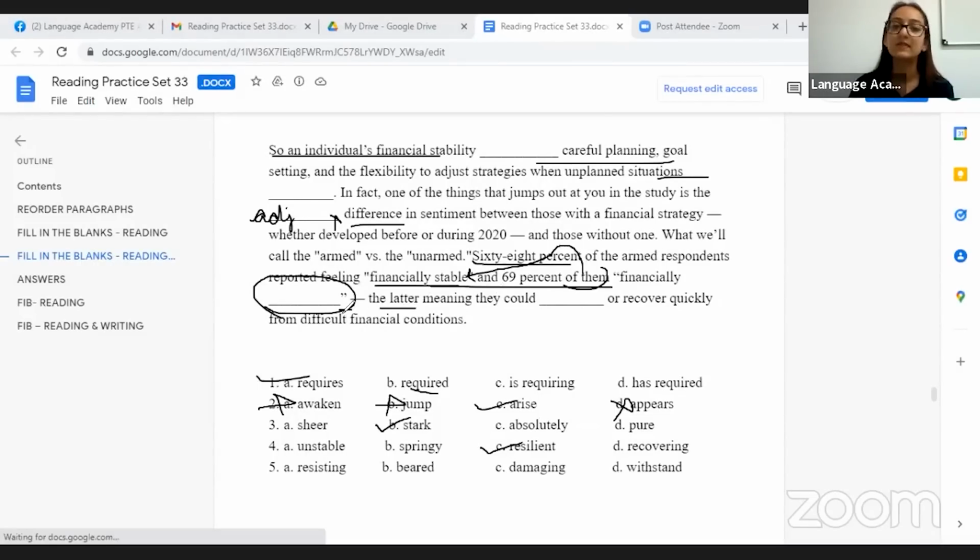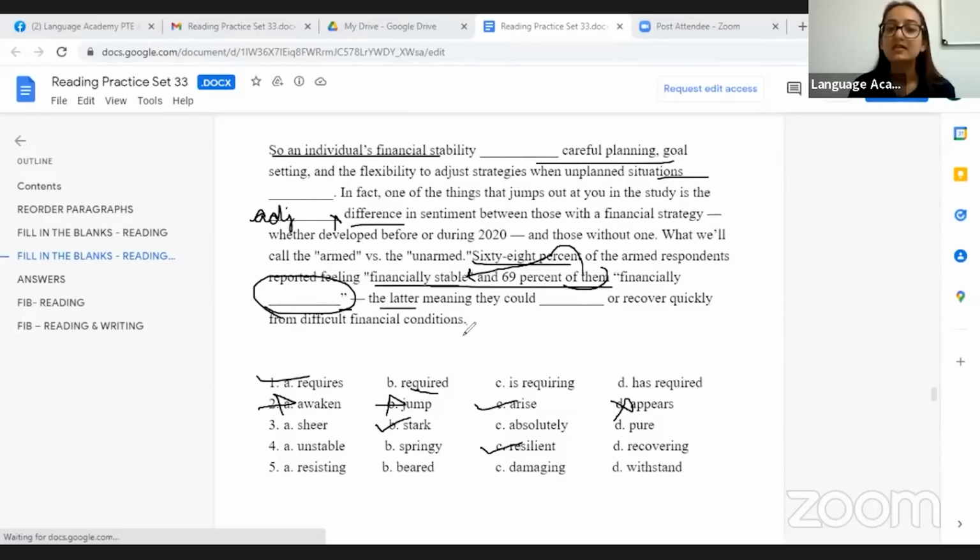And resilient is a very common word. Coming in blanks, resilience is the ability to bounce back from whatever negative has happened in your life. Emotional resilience, financial resilience. That means if you have faced something like a financial crisis, you can come back, you can come over that. That is financial resilience.